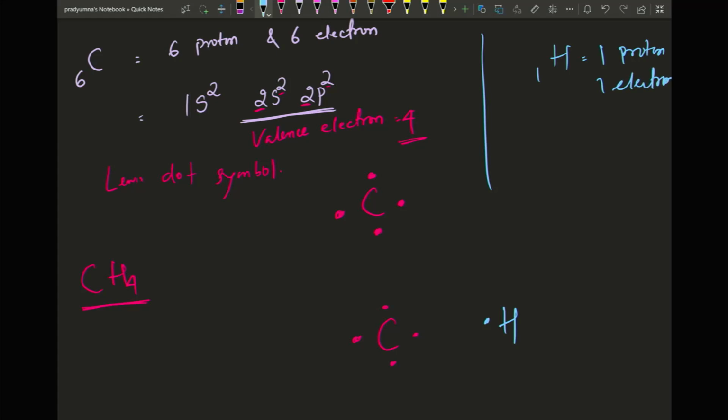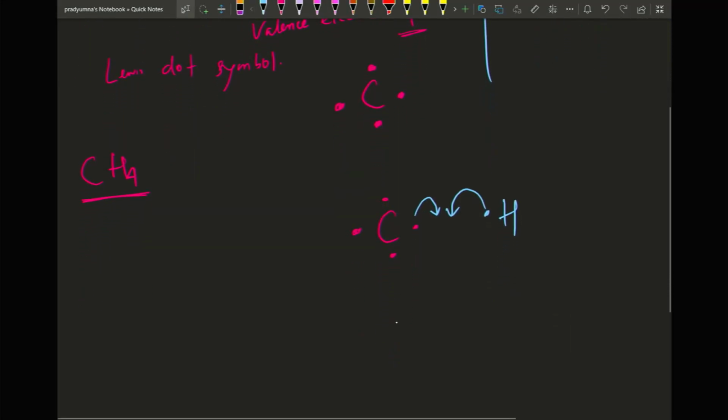So all hydrogen has is 1 electron. Now hydrogen will give this electron to this partnership. Both carbon and hydrogen put forward 1 electron, and then you'd get something like this.